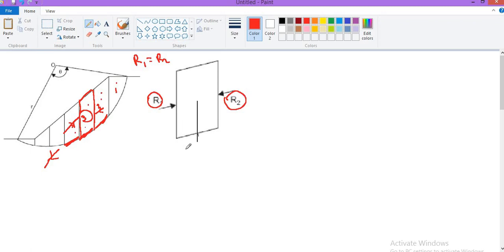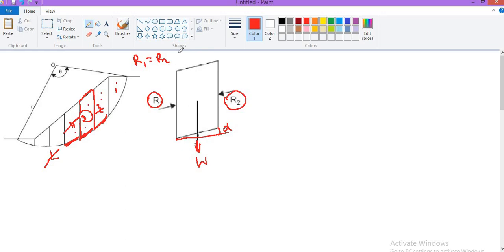The other forces that we have: we have W, the weight of the slice. Let's say this angle is alpha.